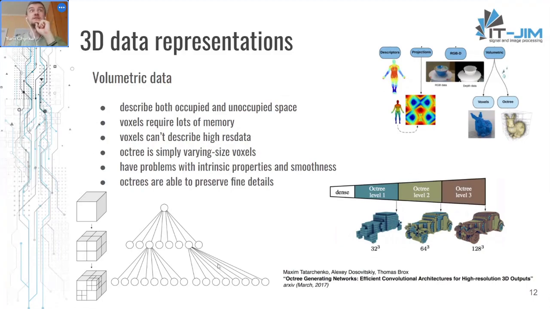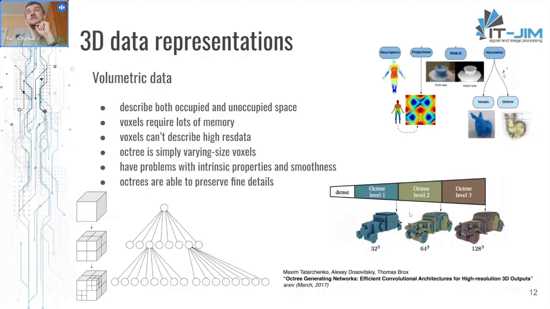How it works: we divide each voxel by 8 parts, and we can do it multiple times. In this way, we get such a hierarchy of nested smaller octants.